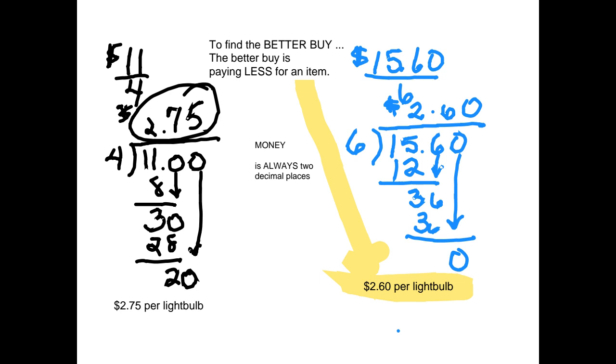The better buy was the package of 6 light bulbs for $15.60. That was the better buy.